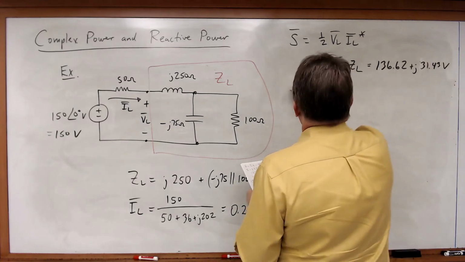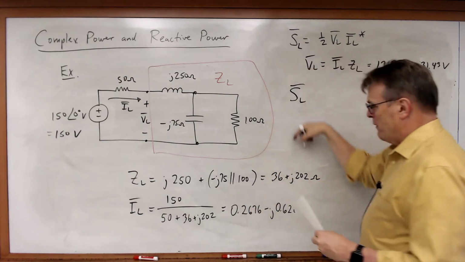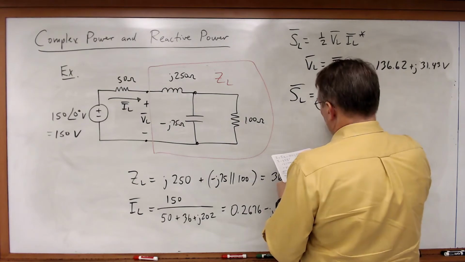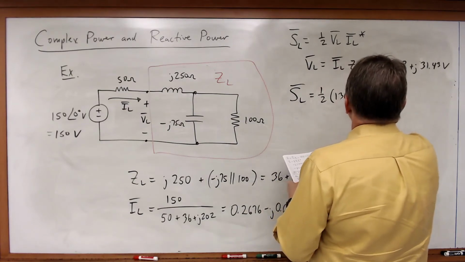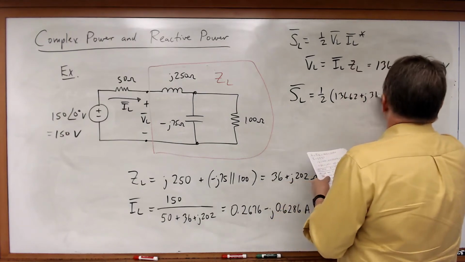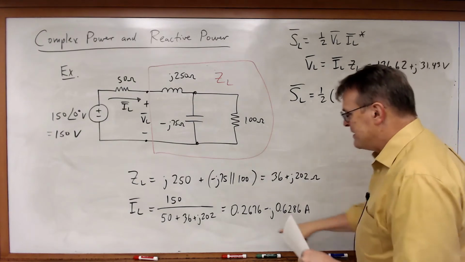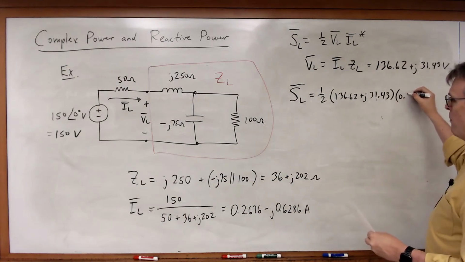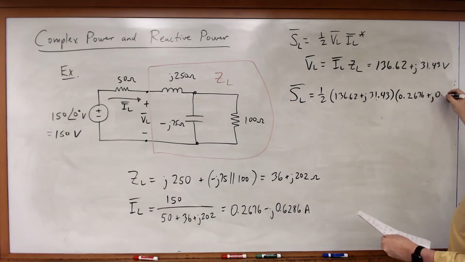And therefore, S, actually I should call this S sub L, the complex power of the load. So I'll use that nomenclature. S sub L is therefore going to be equal to 1/2 times 136.62 plus J 31.43 multiplied times the complex conjugate of IL, which is 0.2676 plus J 0.6286.